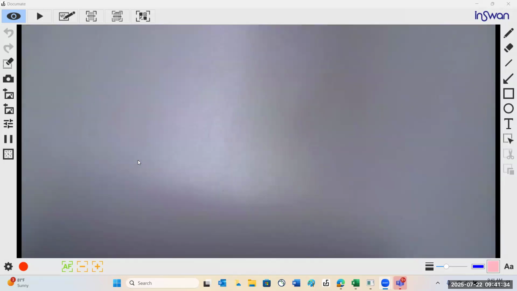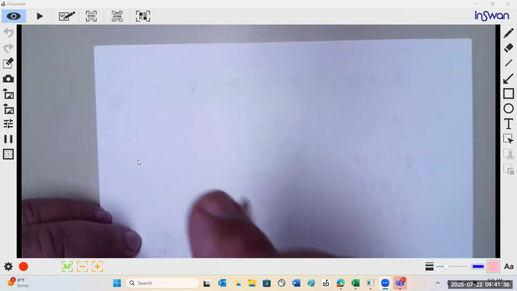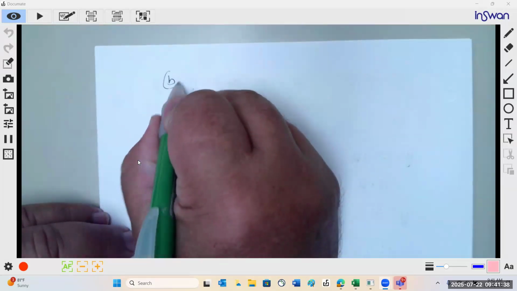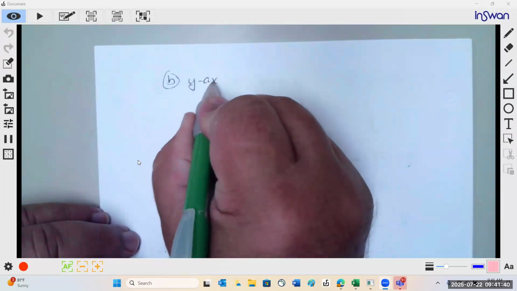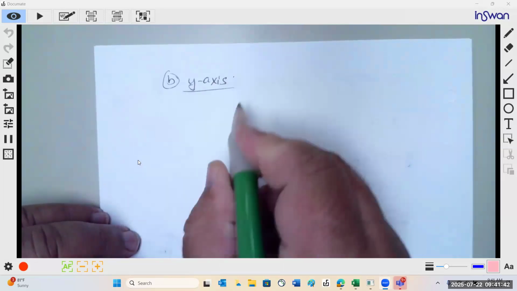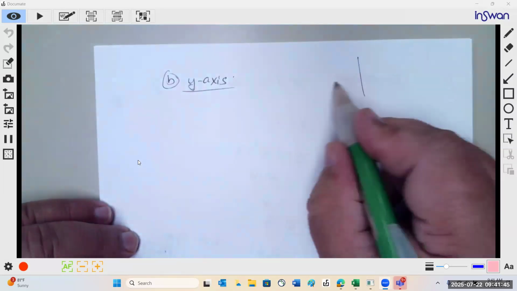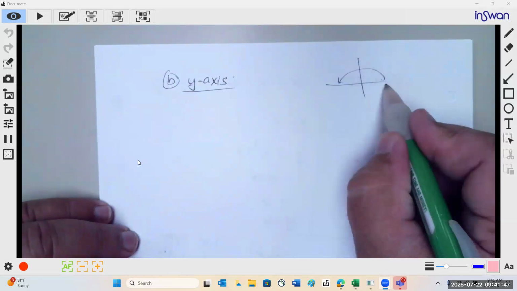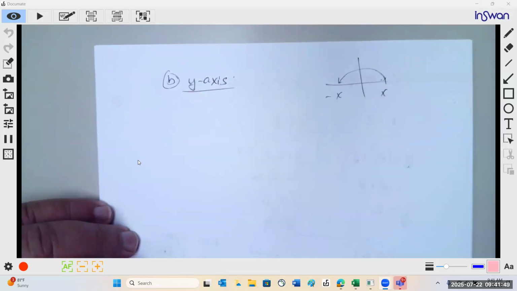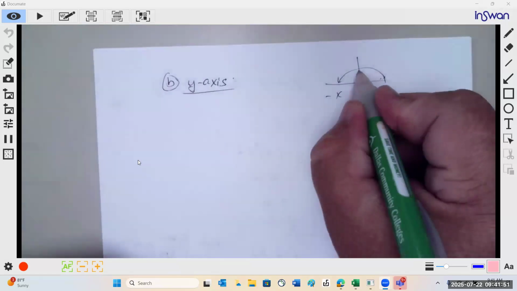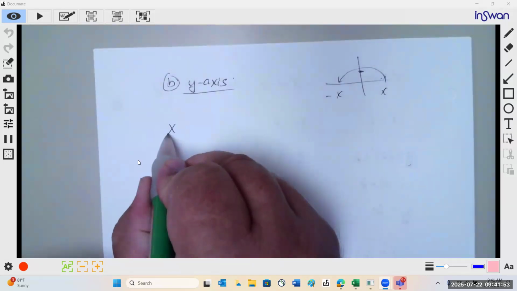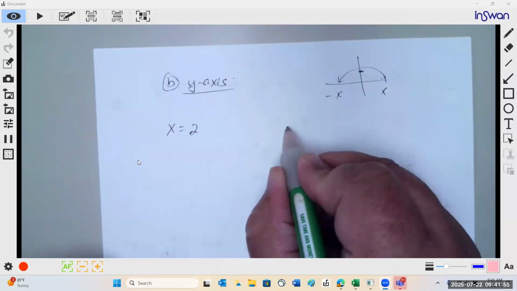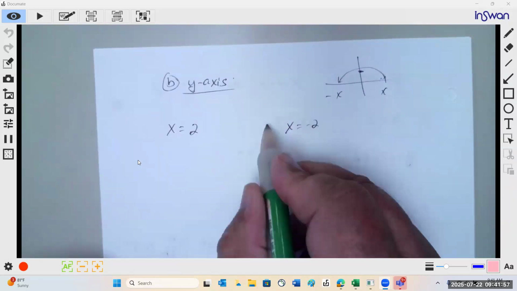And look at the y-axis. For the y-axis, remember, what you do here is you change x to negative x, and you get the same answer. So x is equal to 2, x is equal to negative 2.